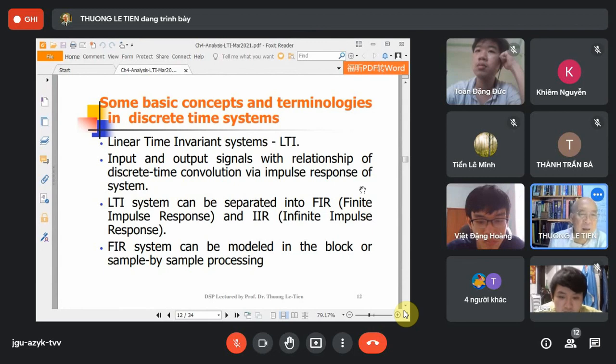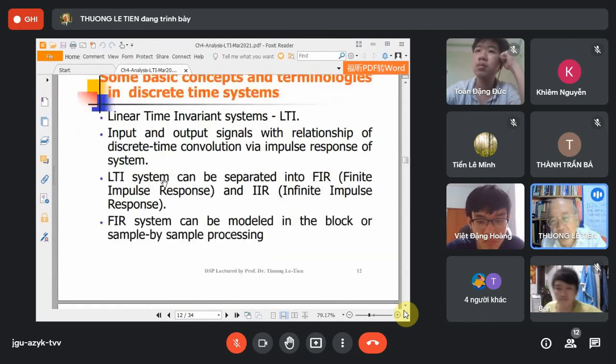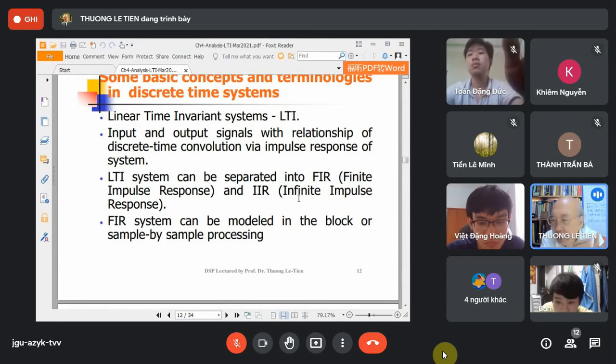And the LTI system separates into the finite impulse response and infinite impulse response. Finite but infinite. Remember the pronunciations. Finite impulse response and infinite impulse response. So what about the finite impulse response?